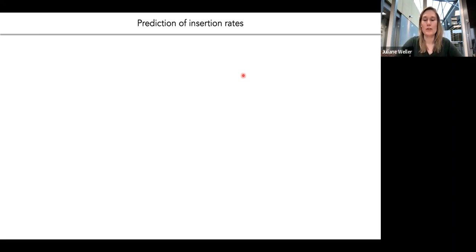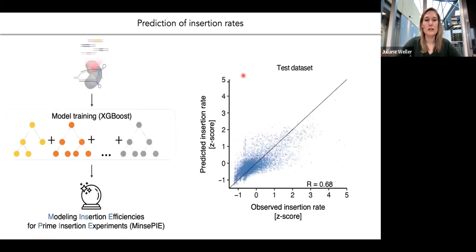So let's get to prediction of insertion rates. We took all the data from the screens we had. Basically we had different features, we had all the inserts and the measured editing rates, and trained an XGBoost model on that. And this then leads to the tool MinSpy, modeling insertion efficiencies for prime insertion experiments.